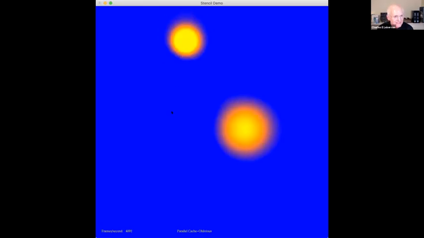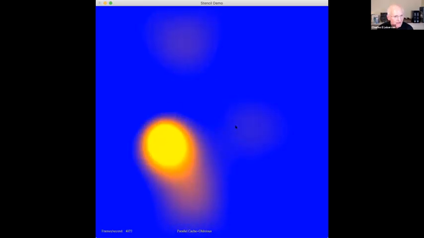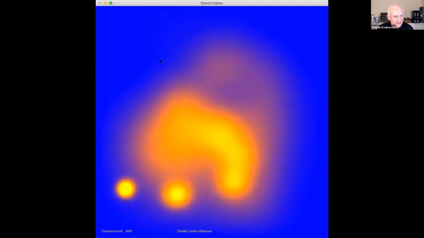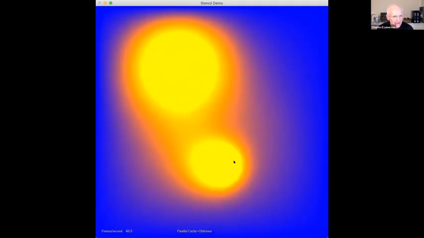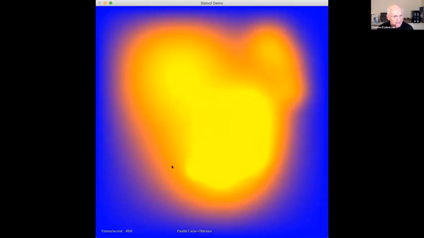In any case, I've lost my heat. There we go. Here we are, the parallel cache-oblivious. That's doing great at around 4,000. I had it running almost 8,000 earlier today.